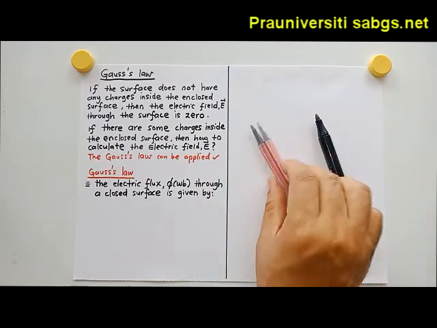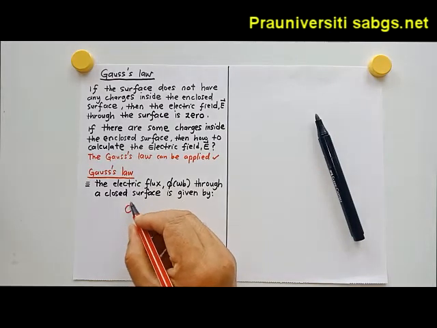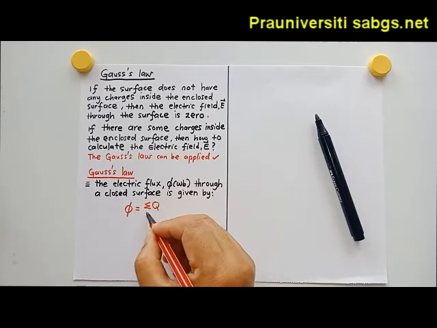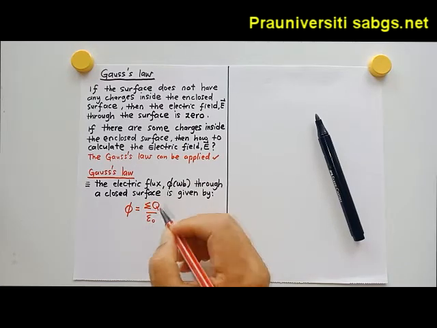So the equation is psi equals to the total of Q over the epsilon naught.